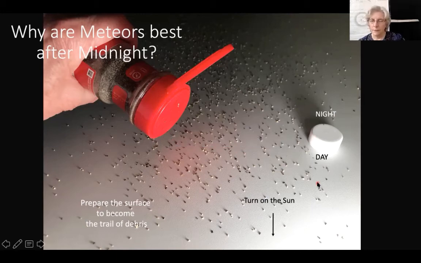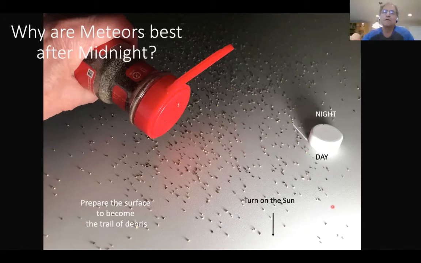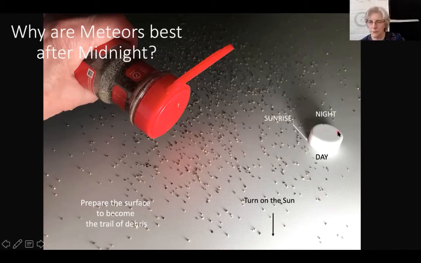Now, this line right here, is that sunset or sunrise, would you say? Sunrise. Very good. Yes, that's sunrise on that side because the Earth turns this way as it rotates. So there's sunrise, morning.